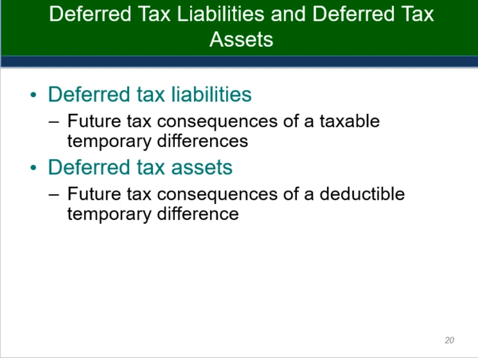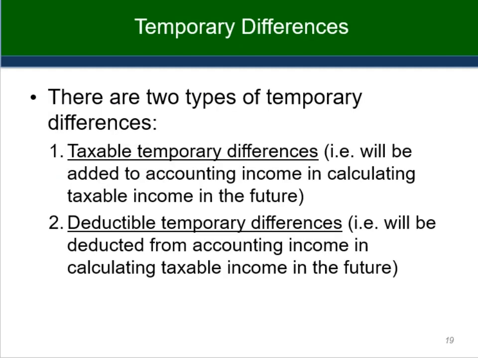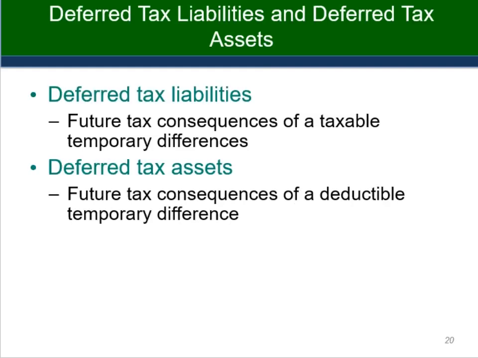I think these two are actually reversed, because if we look at the concept of taxable temporary differences, you add those to accounting income, so you're prepaying taxes in that case, which results in a deferred tax asset. Deductible temporary differences are where you're deducting them from accounting income in calculating taxable income, and so in these cases you're taking a benefit in advance of having to pay for it in the future. So I think these two are actually reversed on this slide.